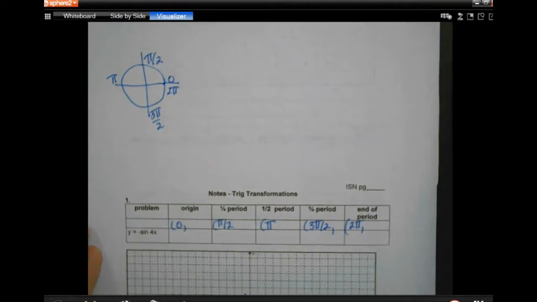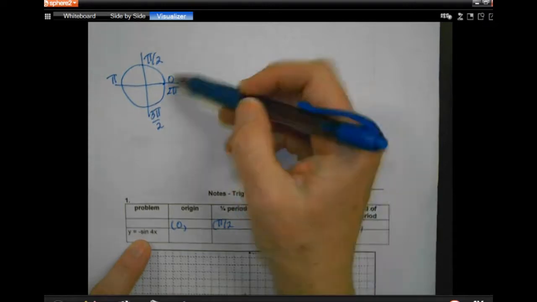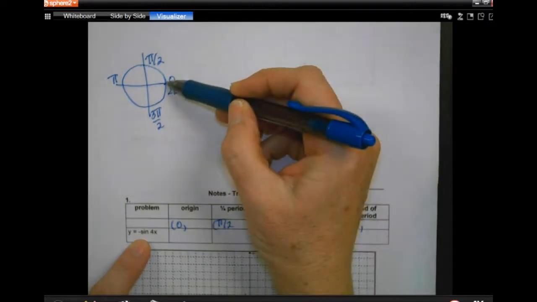The next thing you're going to do is look at what function you're doing. I'm doing sine. Is sine x or y? Y.